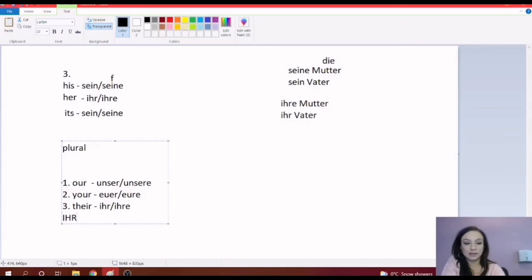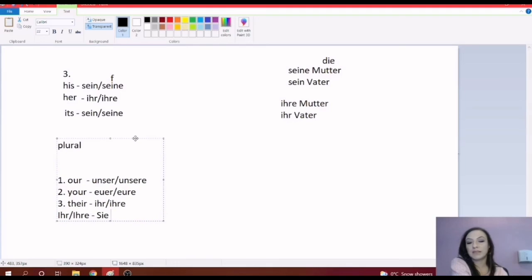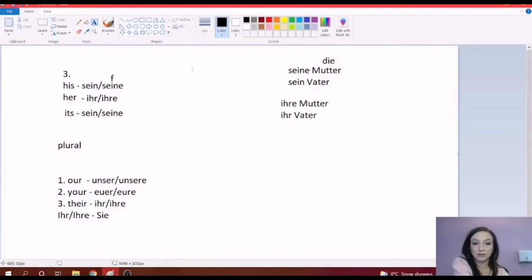And ihr oder ihre is also used for the form your that is used as a polite form. So that's how these function. You have to know the gender, basically, but it's nothing difficult.